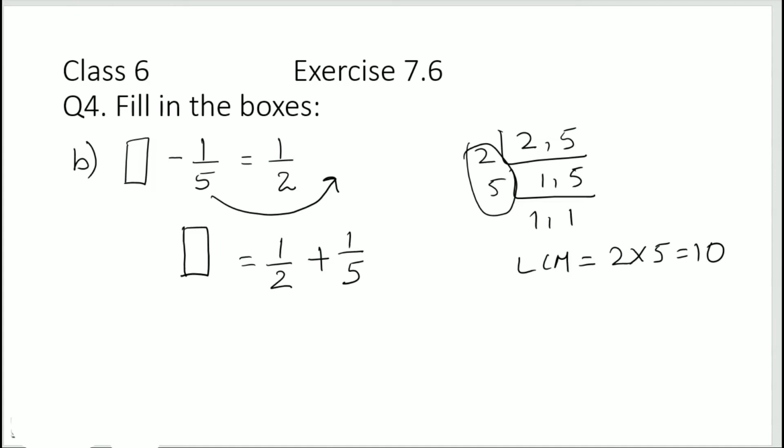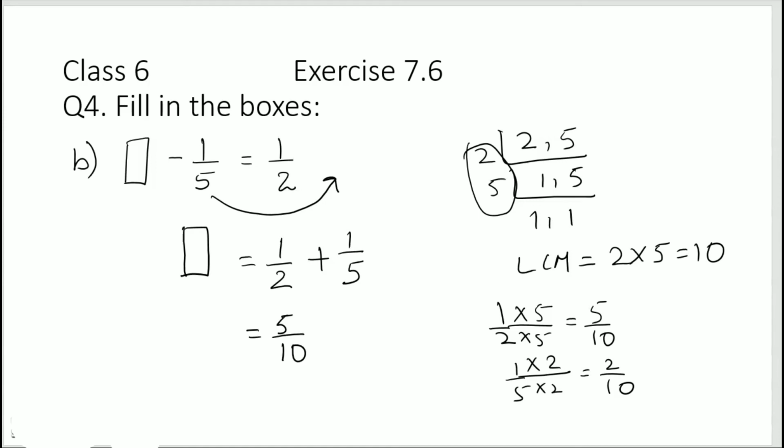So if I do 1 by 2 into 5, this becomes 5 by 10, and 1 by 5 times 2, this becomes 2 by 10. So basically we are adding 5 by 10 plus 2 by 10. This equals to 7 by 10. So this is the required answer.